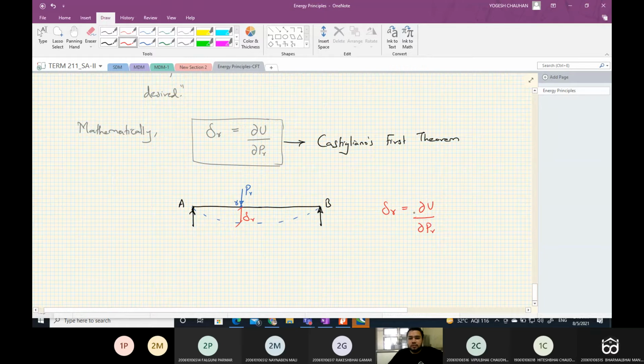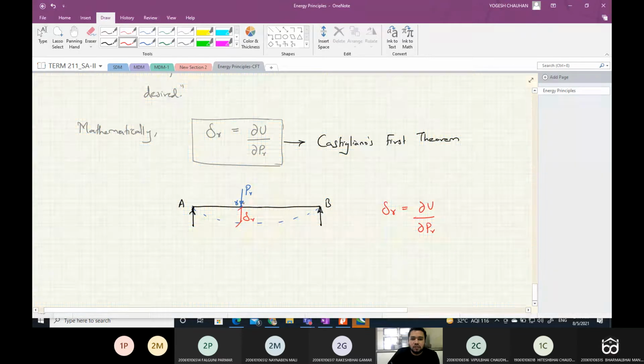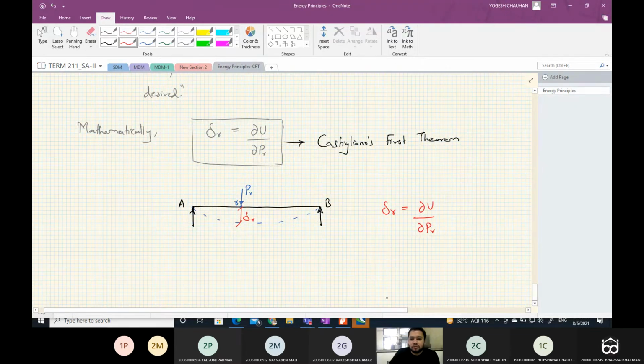Means you have to differentiate the total strain energy stored with respect to the force PR, and the deflection will be in the same direction as the force applied.